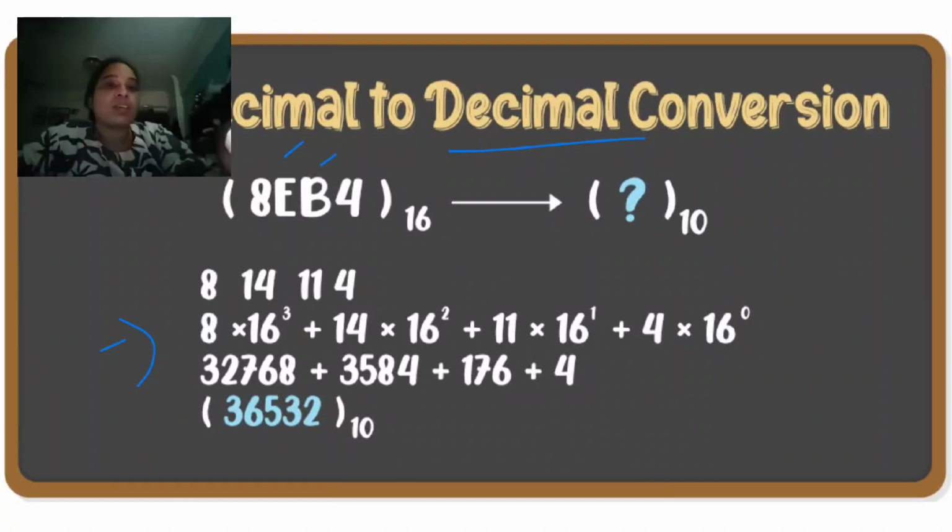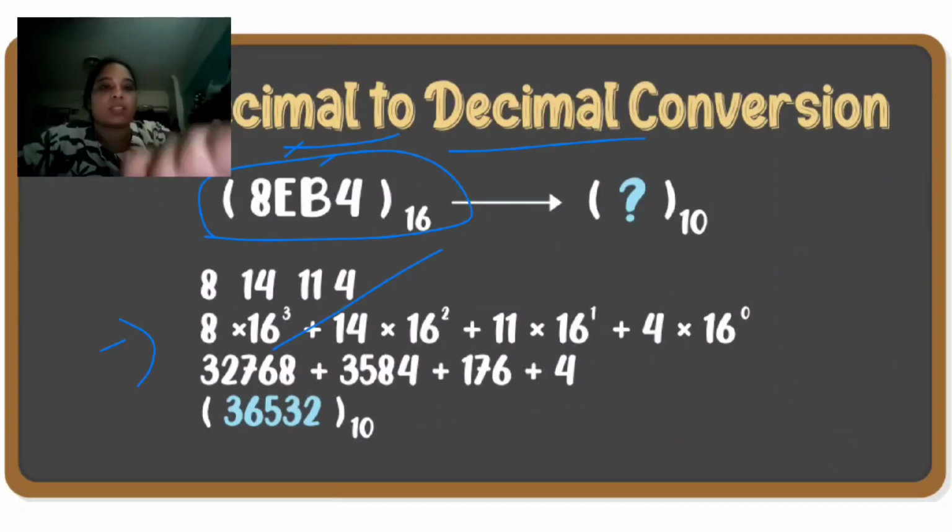So the base is 16. Okay, because that value is in hexadecimal, that's why I am using base 16. Here you can number the positions 0, 1, 2, 3, right? So 8 into 16 power 3, and 14 into 16 power 2, then 16 power 1 and 16 power 0.